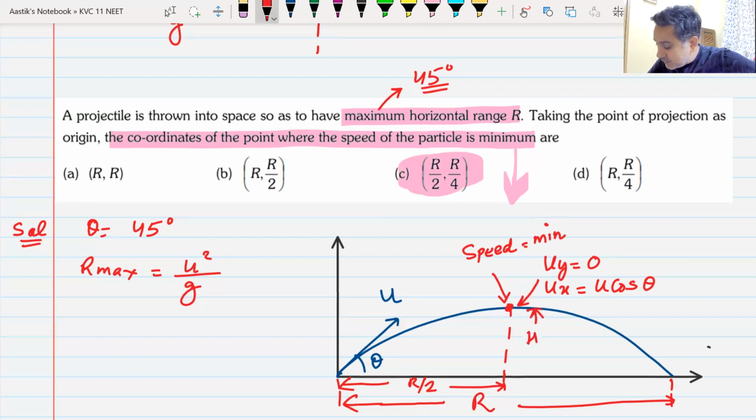I will also tell you how to find the y coordinate. To find the y coordinate, I need to know h max. How do you find the value of h max in this case? Remember, I told you the formula.